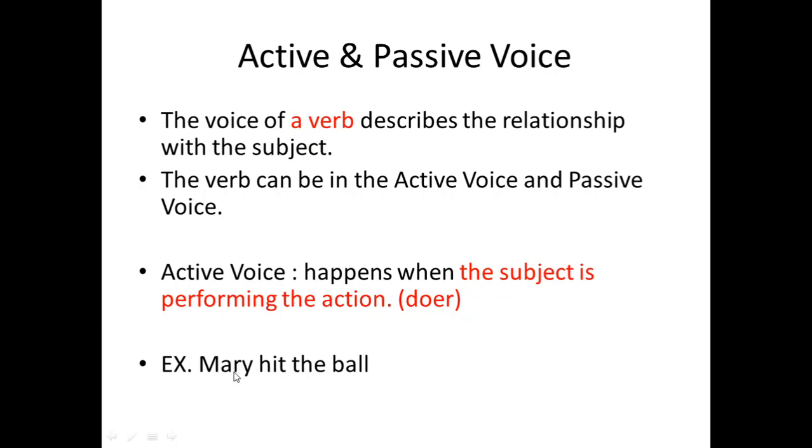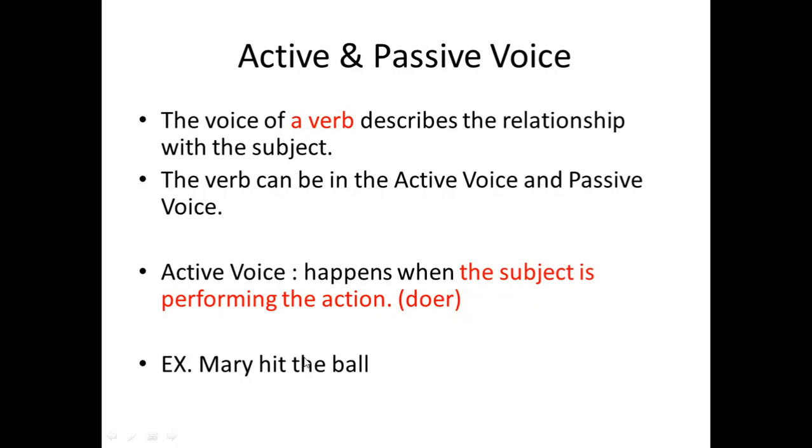What did Mary do? Excellent. Mary hit the ball. So hit the ball is the action. The subject did something. Mary is the doer. Mary is the subject of this sentence.